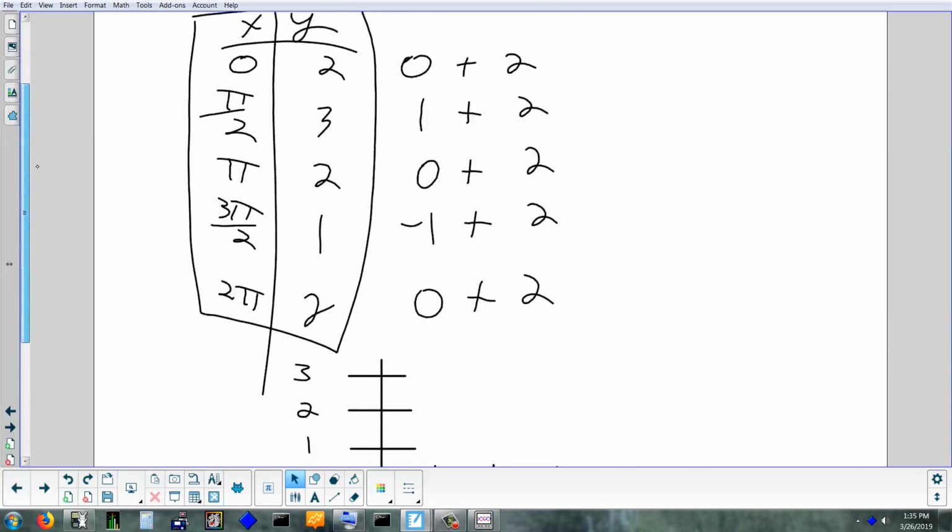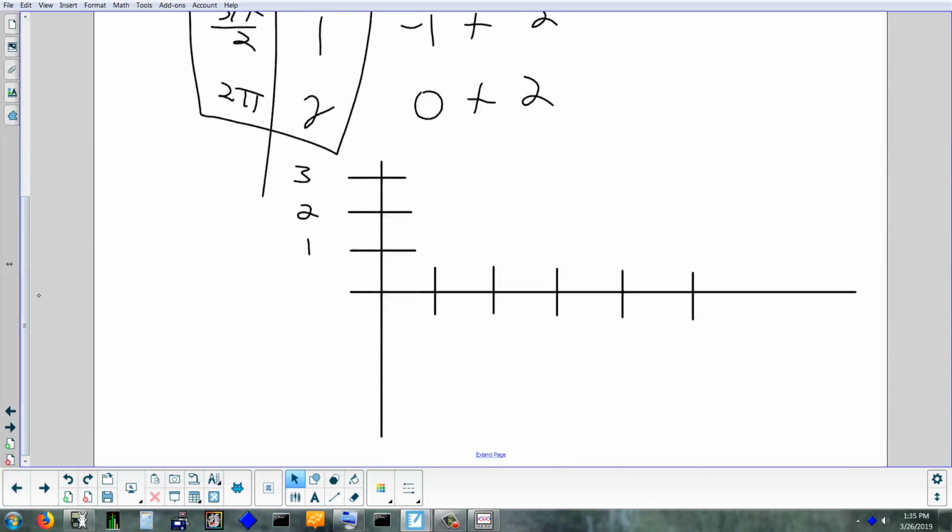X-axis, you're going to need 5, just like always: 0, pi over 2, pi, 3 pi over 2, 2 pi. If you don't put 0, that's fine because I know the axis is 0, but if you want to put it, you can. Also, I put my labels down below because I know this graph is shifting up. So I'm not going to be drawing anywhere down where my labels are. I'm going to be drawing up in quadrant 1.